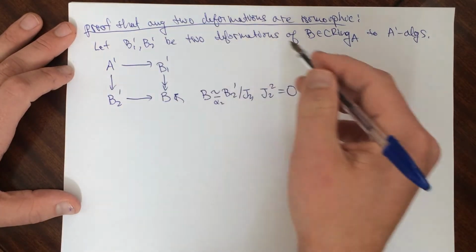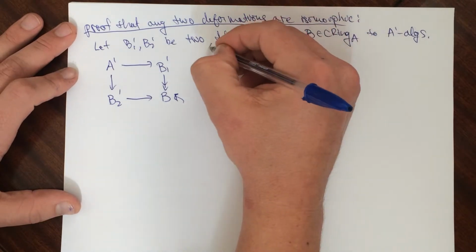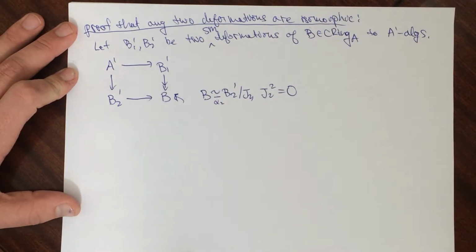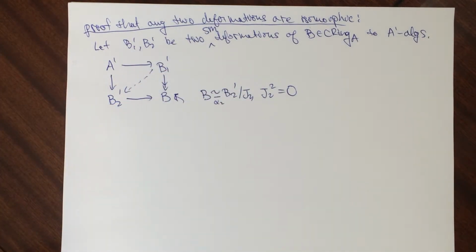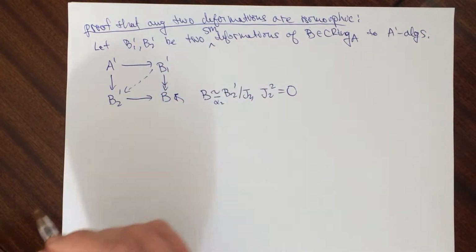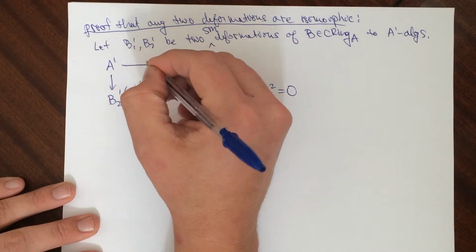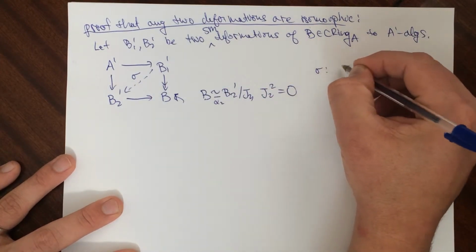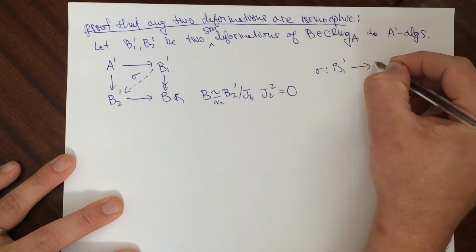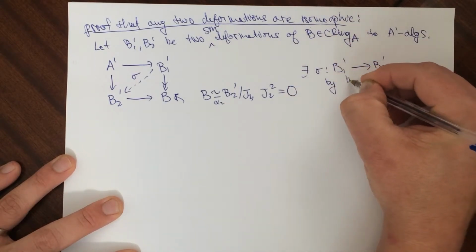Now, since I am looking at smooth deformations, there exists a map from one of the deformations to the other one. This is by the infinitesimal criterion of smoothness. So there exists a map sigma from B1 prime to B2 prime by the infinitesimal lifting property.